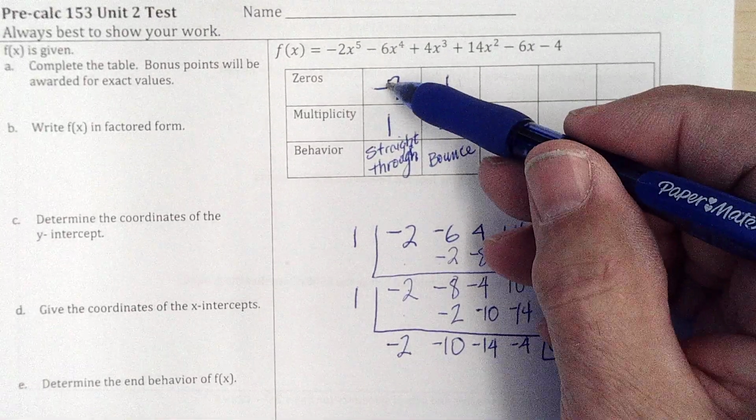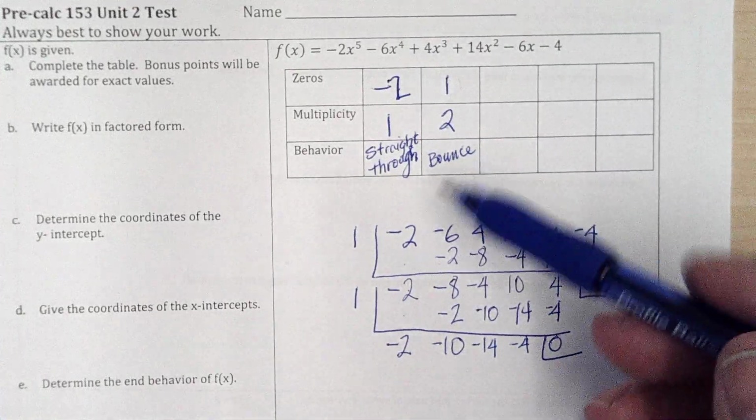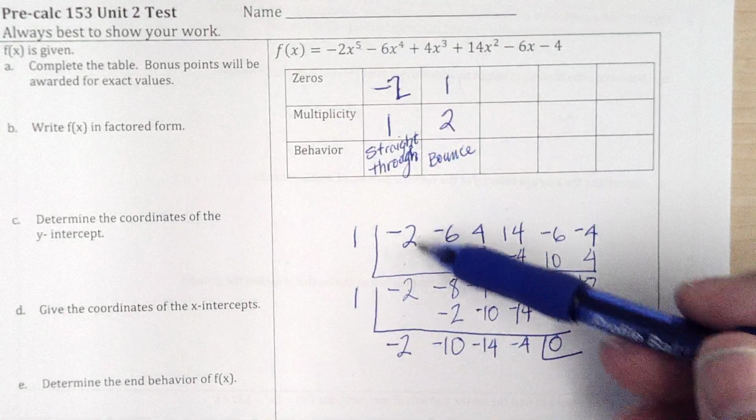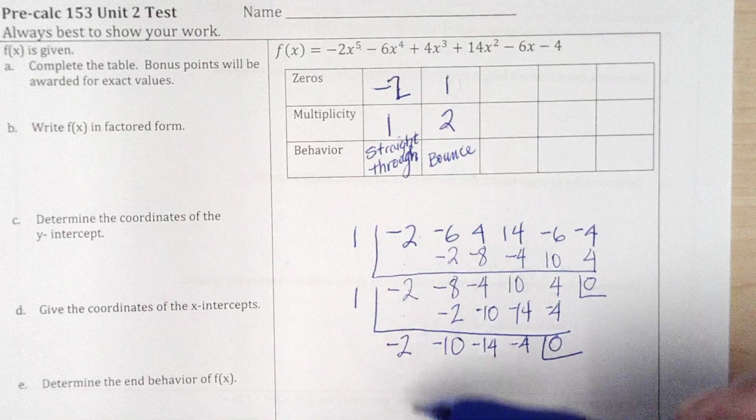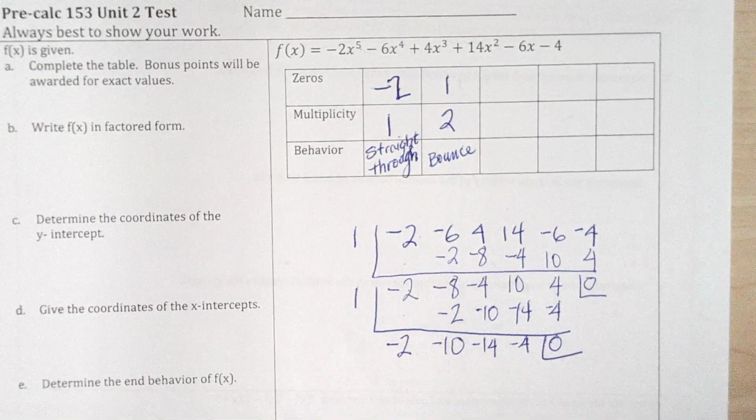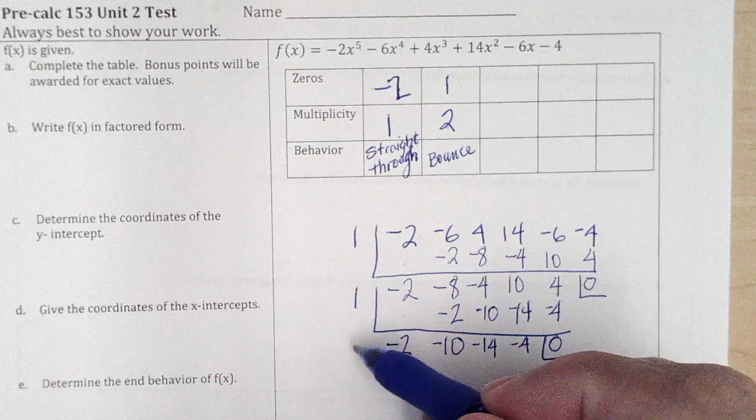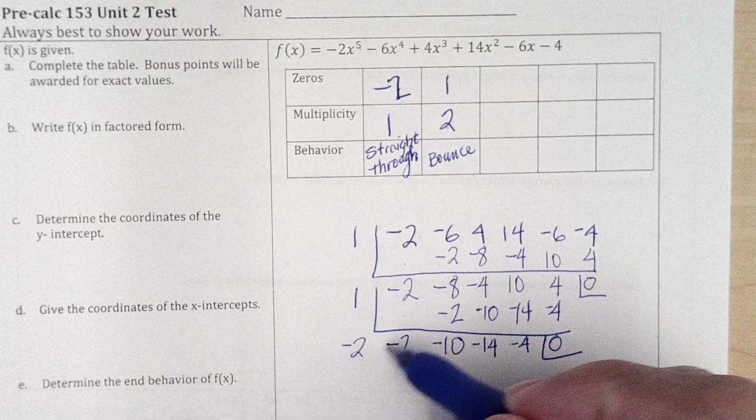And now I'm going to do the -2. See, I started with degree 5, and this is degree 4, degree 3. If I can go one more, I'll have a quadratic that I can use the quadratic formula on. So I'm going to do the -2.